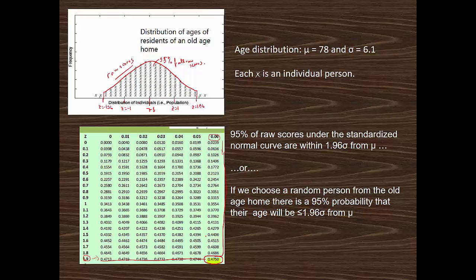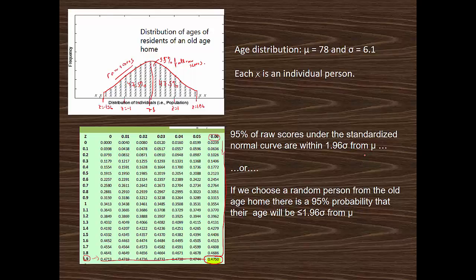So the area between, this is just one side, right? So this is 47.5%, and this is 47.5%. So 95% of raw scores under the standardized normal curve are within 1.96 standard deviations from mu.